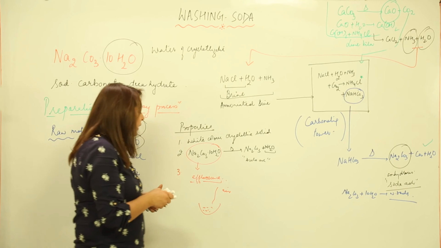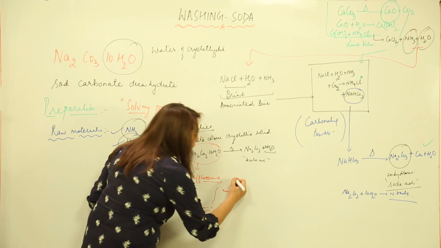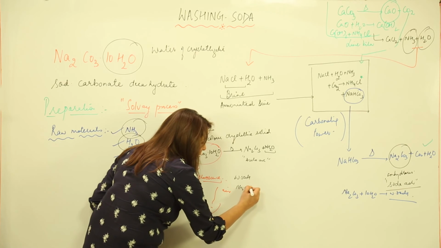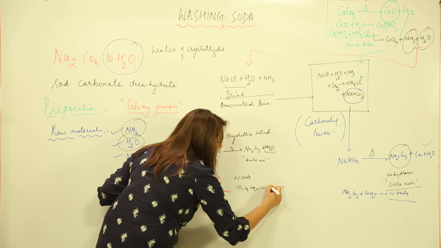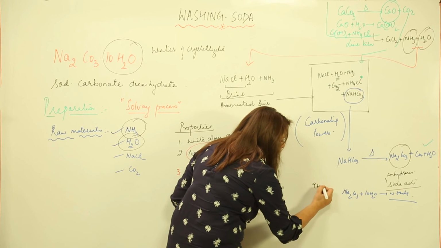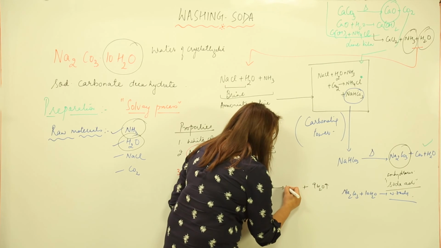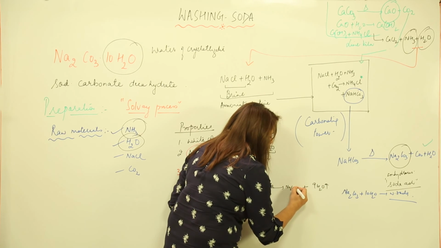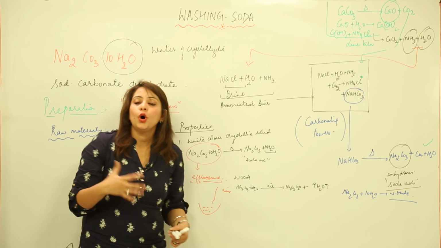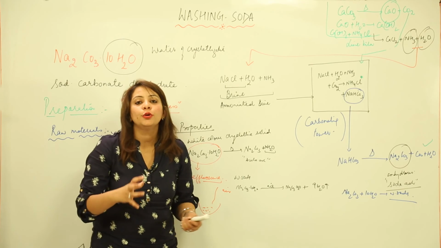Look at the board. What is efflorescence again? We have washing soda, that is Na2CO3.10H2O. When we keep it in air, the 9 water molecules evaporate, leaving behind Na2CO3.H2O. Not all the water of crystallization gets evaporated, only a few molecules.